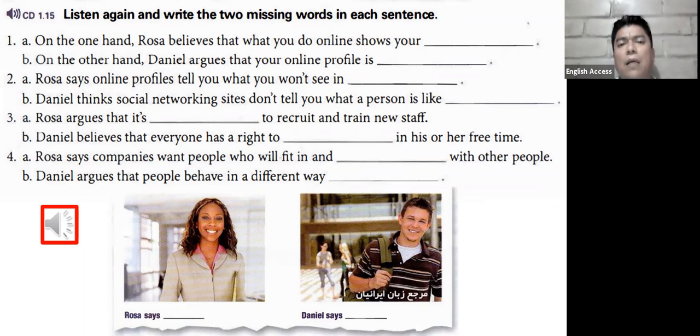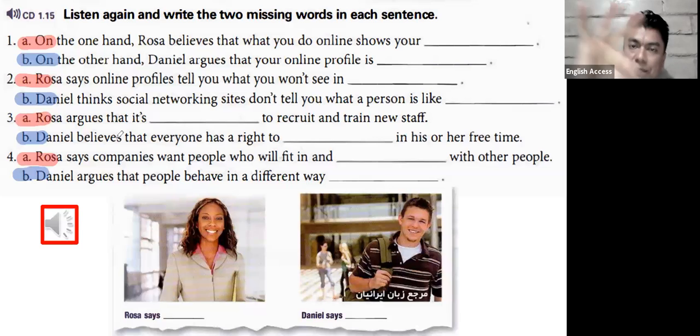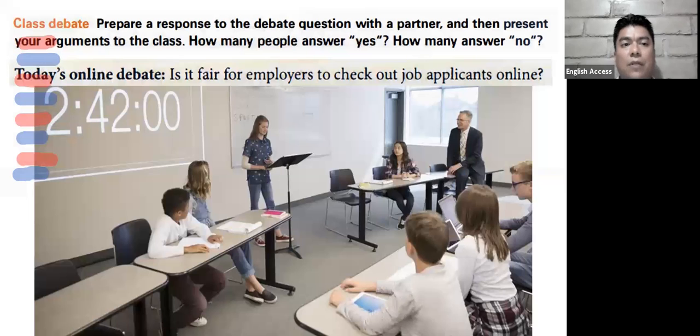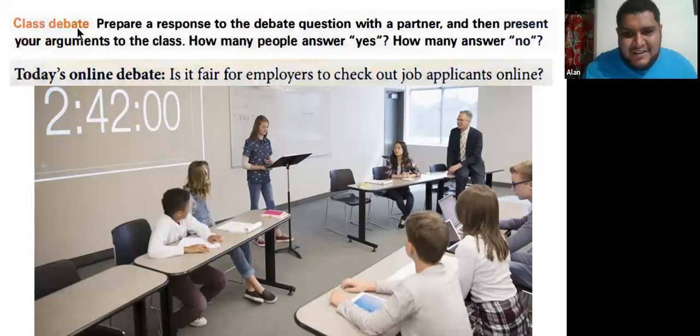There are 8 sentences per side: 8 that say it's fair, and another 8 that say it's not fair. You need to write at least 3 complete sentences with the reason why it's fair or why it's not fair. That would be your response.